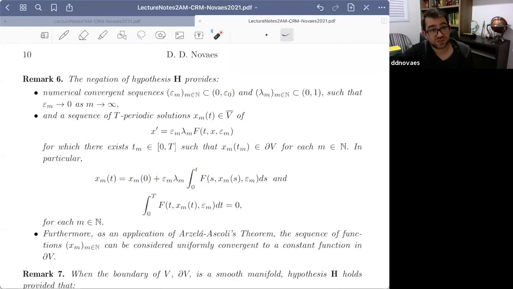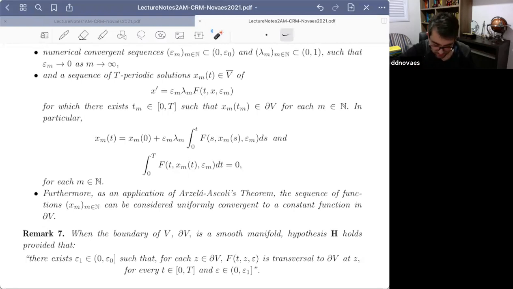In addition, as an application of the Arzelà-Ascoli theorem, we can assume that this function is uniformly convergent to a constant function that belongs to the boundary of V. Why is that?